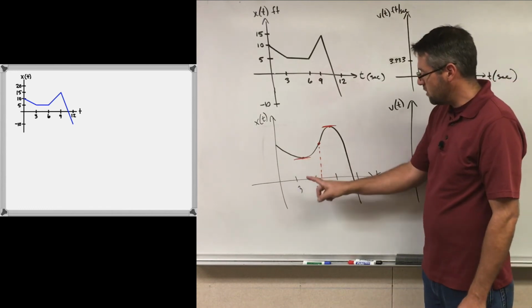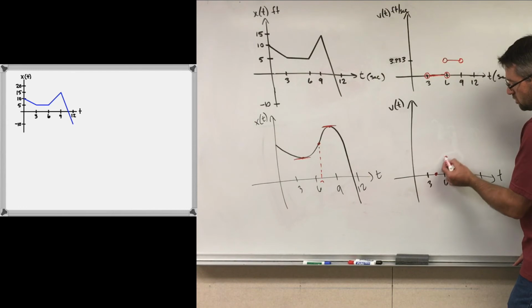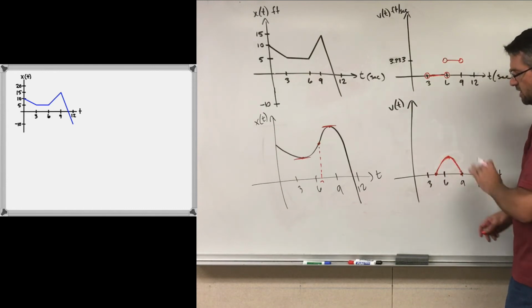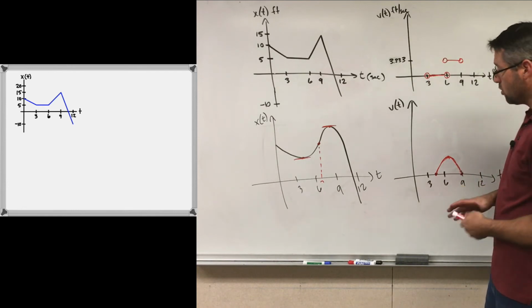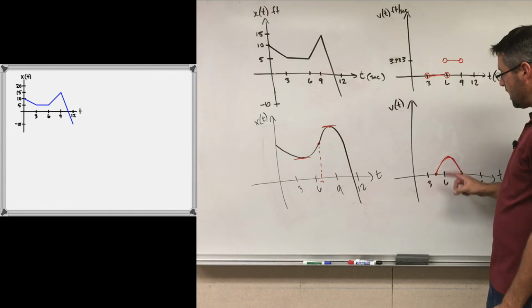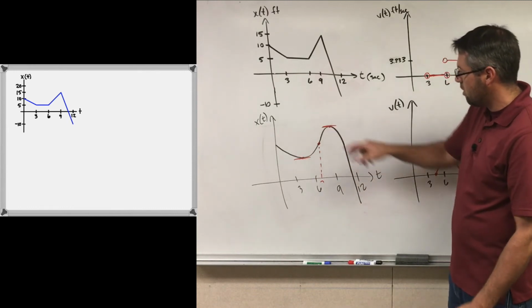Since this function is differentiable from 4.5 to 9, this one will be continuous. So we just want to make sure that we hit this point, and it's the highest point. That should be a 7, so I'll move it over a little bit. So maybe it looks something like this, right? Maybe it looks something like that. Again, we're not looking to be too picky. We're just looking for the steepest point here to identify the highest point there. And then we want to remain above the t-axis because this is all increasing there.